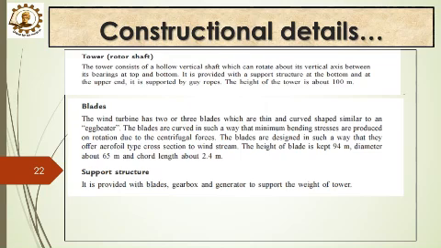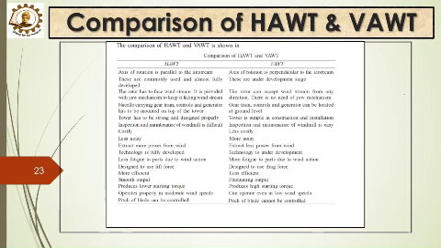Now, this is a very important comparison between horizontal axis wind turbine and vertical axis wind turbine. First comparison point, the axis of rotation. HAWT: axis of rotation is parallel; VAWT: axis of rotation is perpendicular. HAWTs are commonly used and fully developed; VAWTs are under development stage.